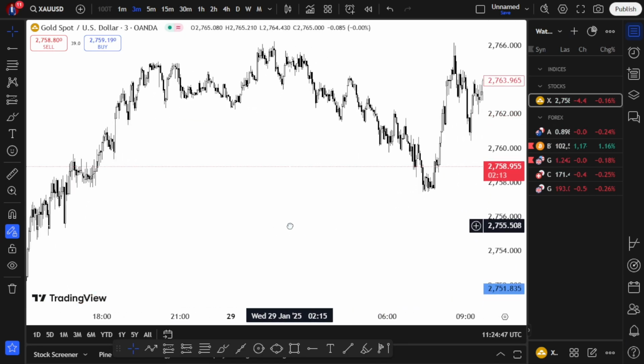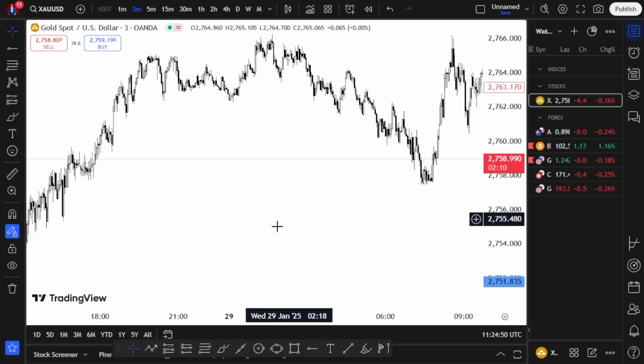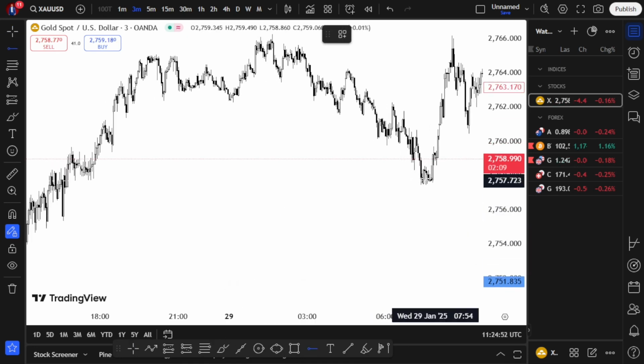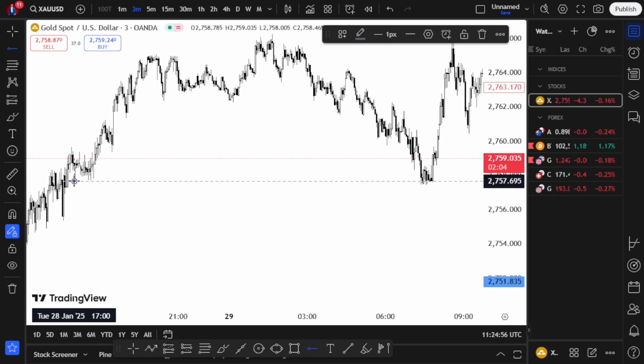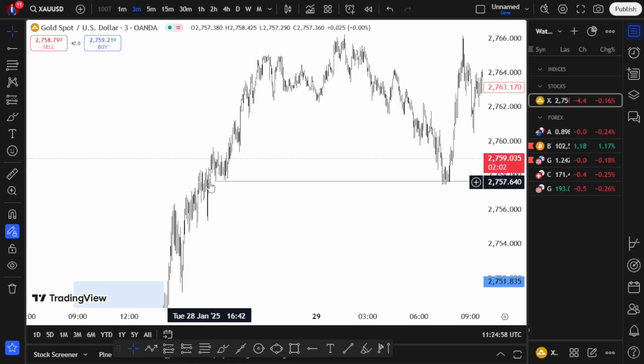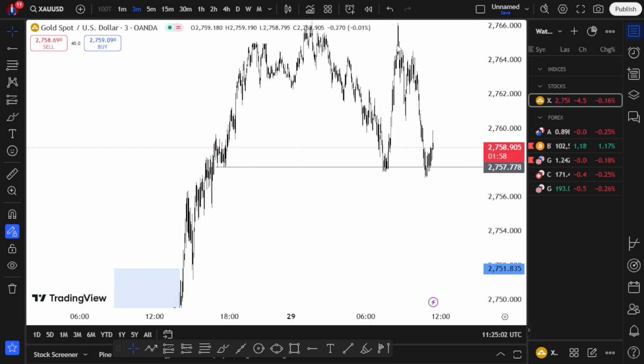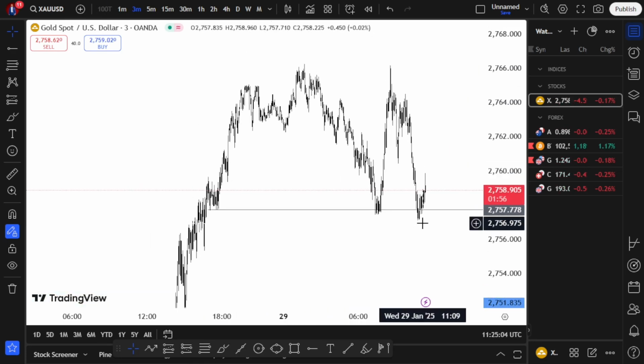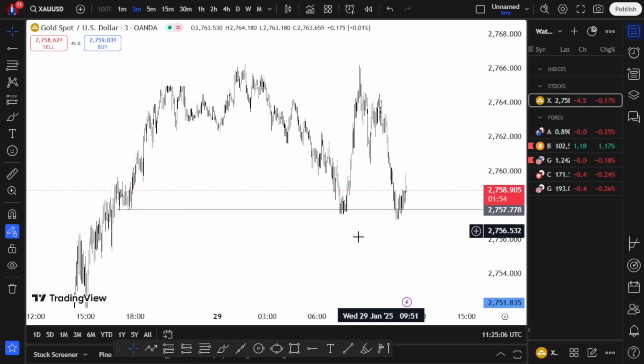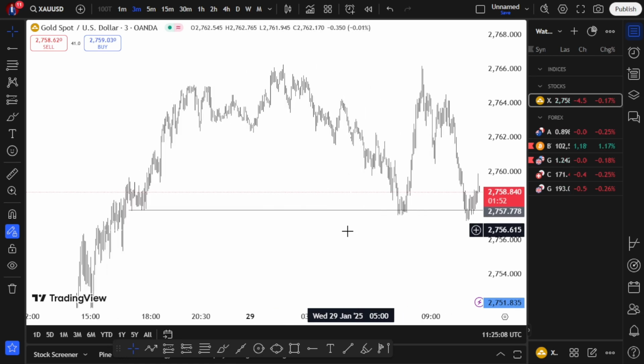What happened here is the market came and swept the liquidity below this area, and we had a push to the upside. Now it came again and swept the liquidity below this area, so I'm hoping this is going to give me a buy.